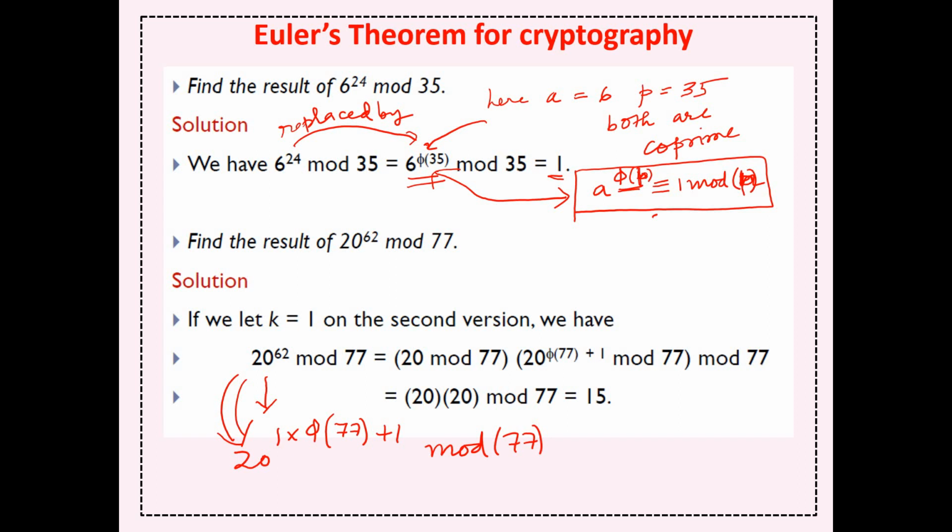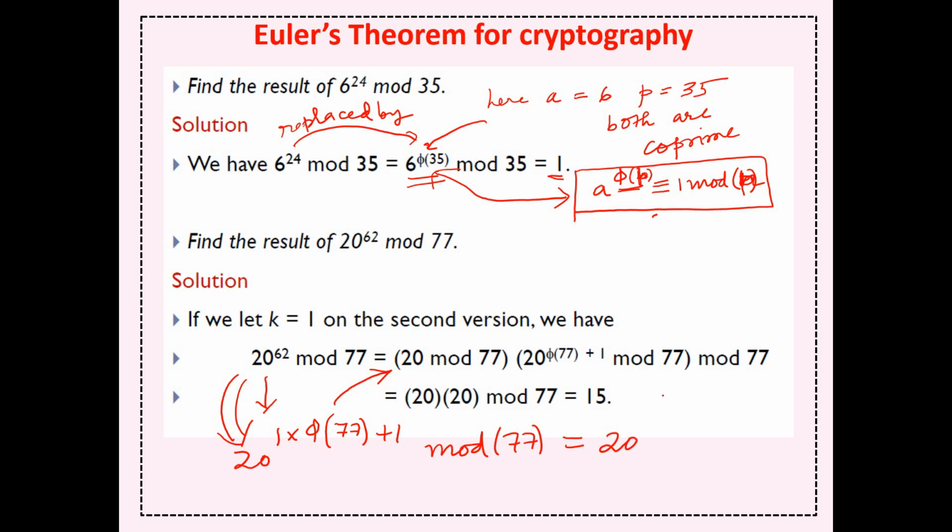Now, if you observe this phi 77, we have to find it, and it will come as 60. We have discussed that in the first example itself. If you apply this and break it up into different factors, just like we did in the previous class, we categorize the power. If you wish, I can write it down.